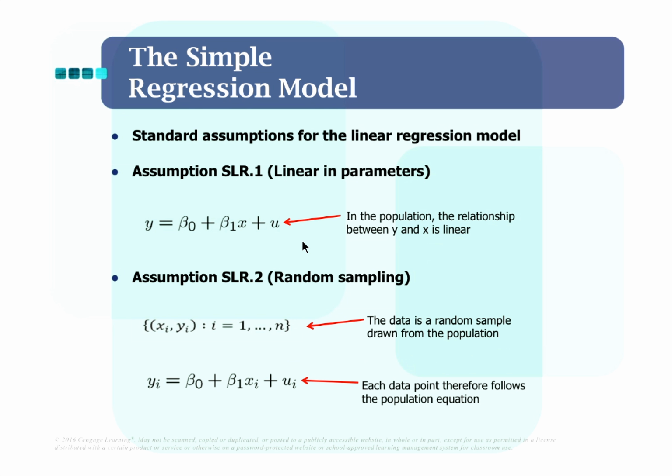The second assumption is that the data set is composed of a random sample drawn from the population, namely each observation is a random draw from the population.